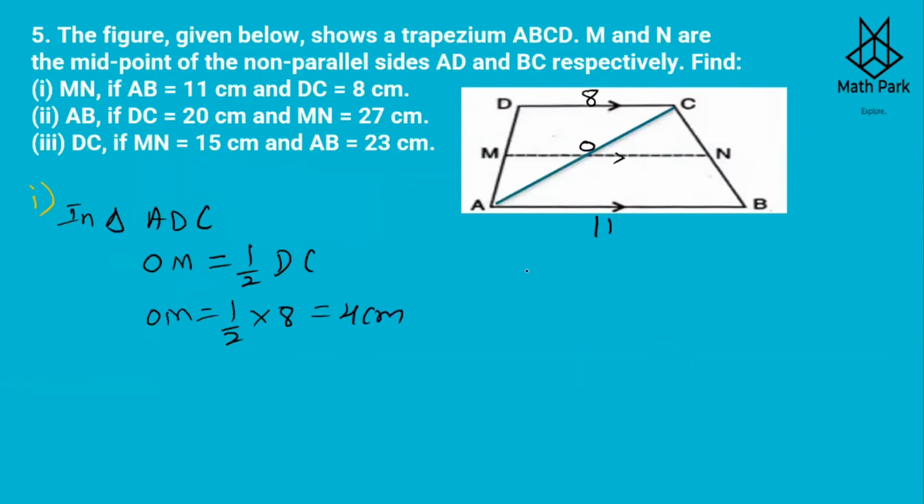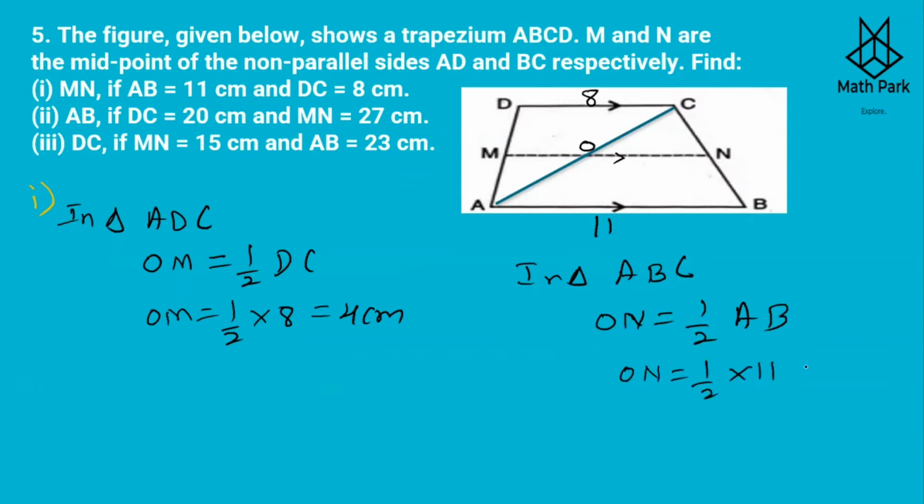Correct? Same way in triangle ABC, you have ON. N is the midpoint and this line is parallel. So by converse of midpoint theorem, you get O as the midpoint. Since O is the midpoint, you can have ON is equal to half of AB.